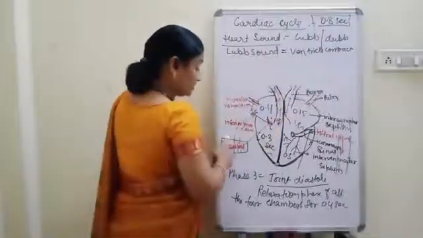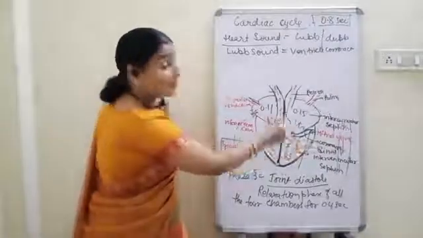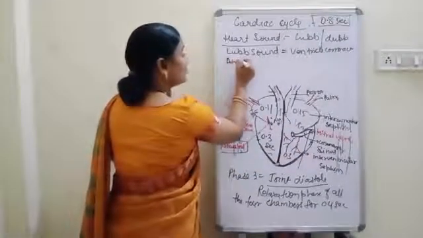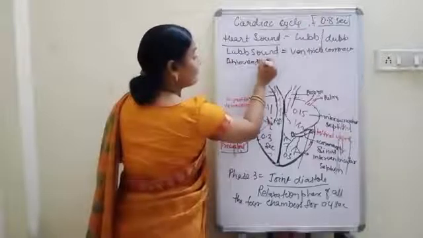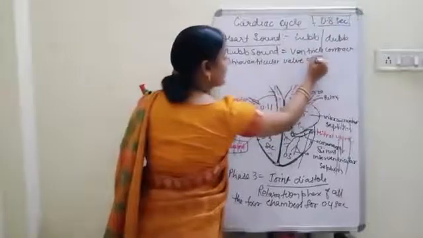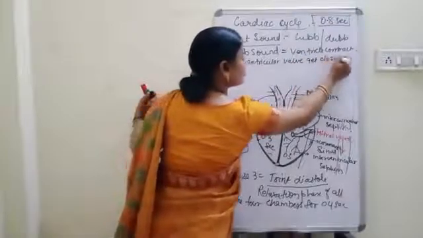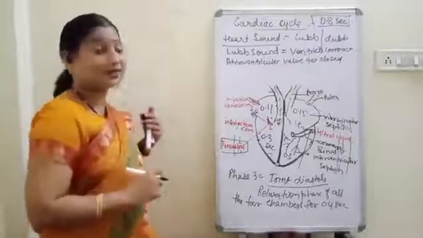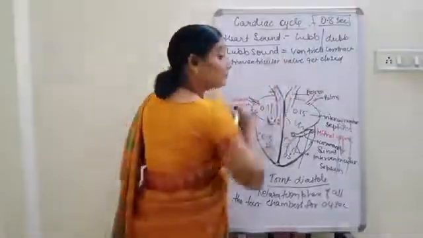What get closed? Tricuspid and bicuspid. That is, atrioventricular valve get closed. When it closed, it produces one sound. That is called the lub.